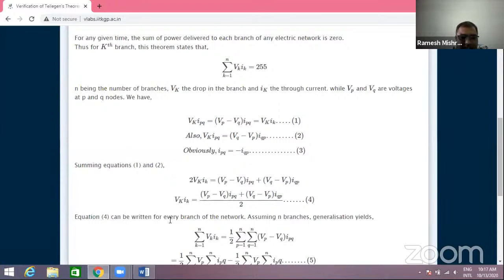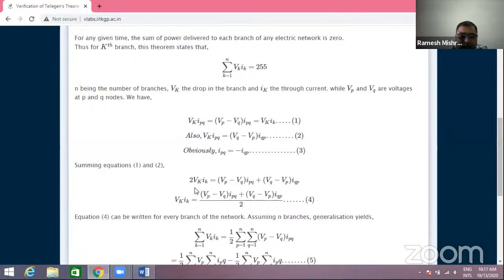Equation 4 can be written for every branch of the network. Assuming n branches, we generalize it with respect to Ik. We can write this in this manner: summation of Vk into Ik, k from 1 to n. How? Summation with the value of p from 1 to n and q from 1 to n.